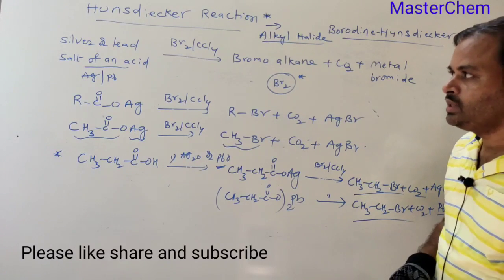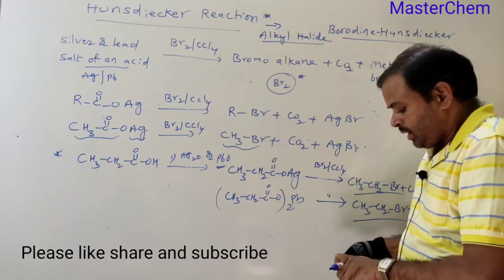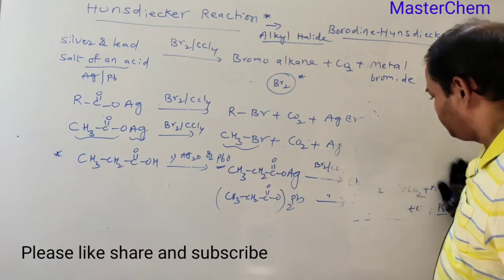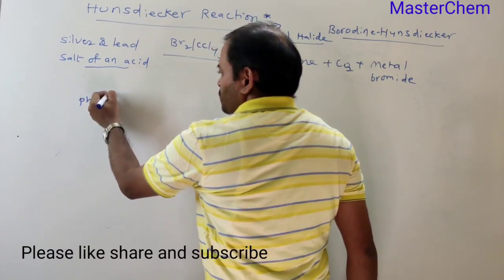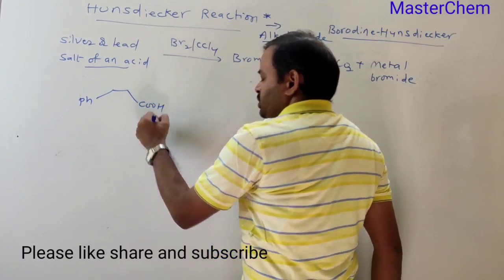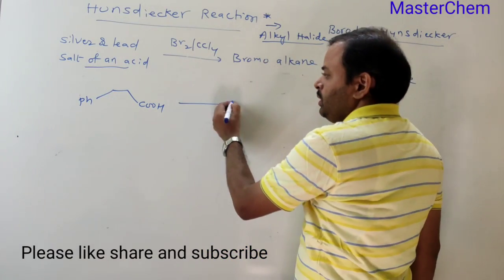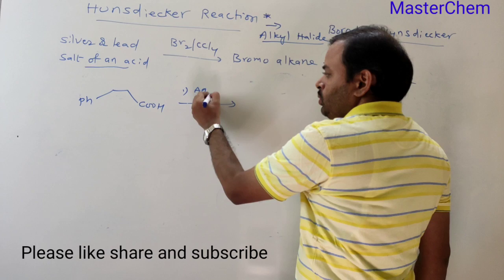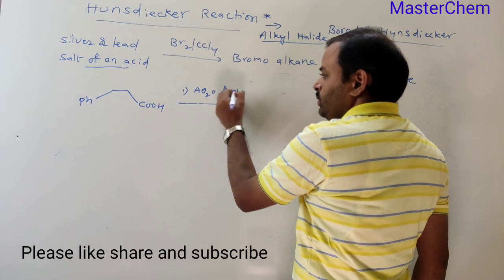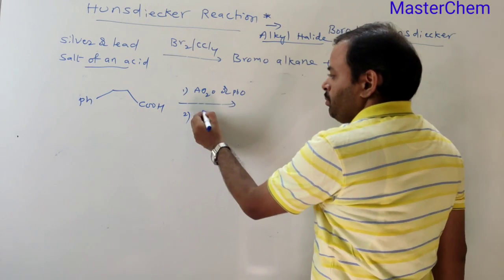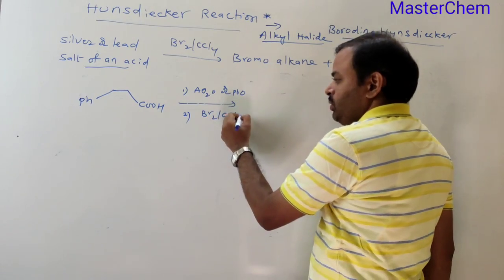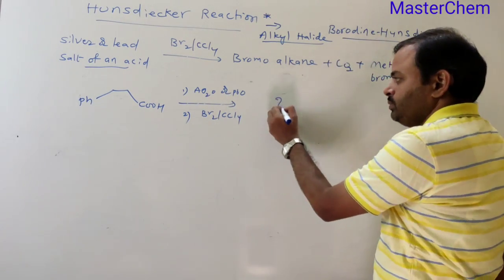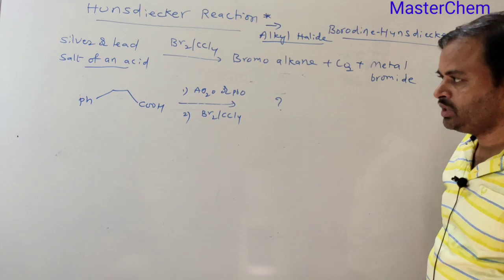So this is the Hunsdiecker reaction, and I will give one more example. PhCOOH, with Ag2O or PbO, second step Br2 in CCl4. What is the product and what is the name of this reaction?